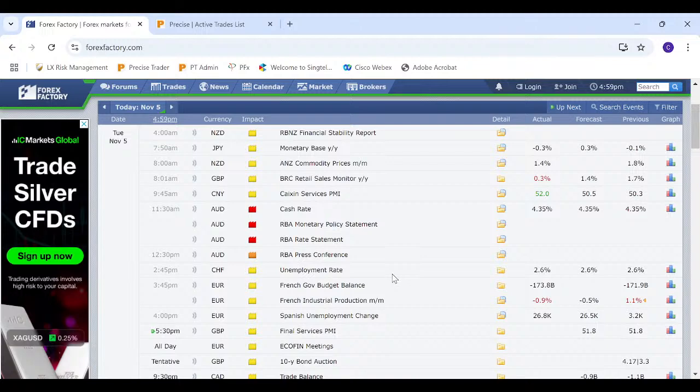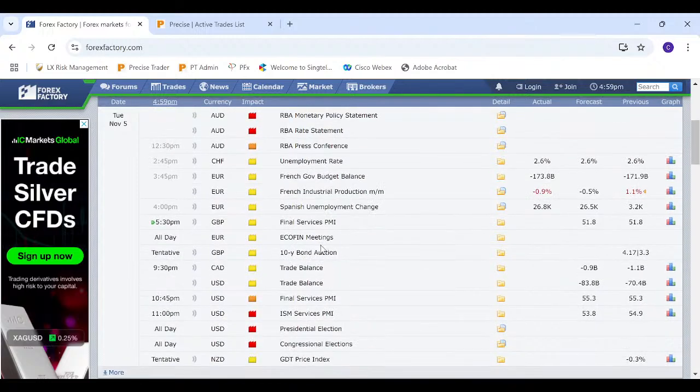Before we go on, today we had the interest rate announcement from the Aussie, which was as expected. The forecast was 4.35, and they didn't cut the interest rate. Followed by that, tonight at 2300 hours we have the ISM services PMI, and do take note that today is the US presidential election.